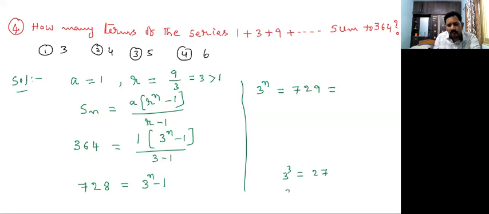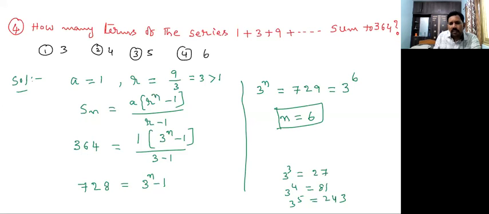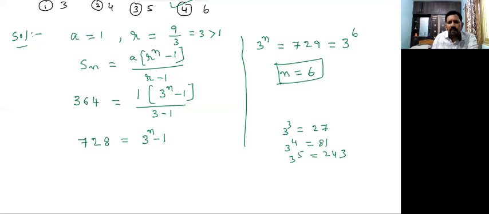So the first option is wrong. 3 power 4 is 81. 3 power 5, how much? 243. So this value is 3 power 6. By comparing both, what is the n value? 6. They are asking how many terms sum to 364. So the sum of six terms should be 364.